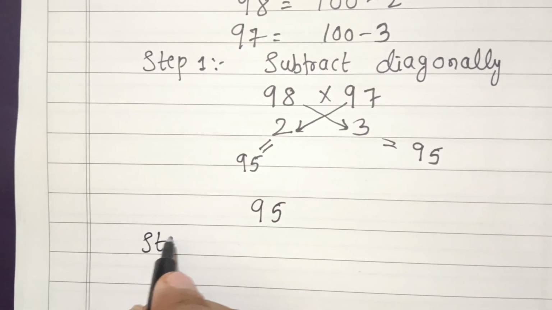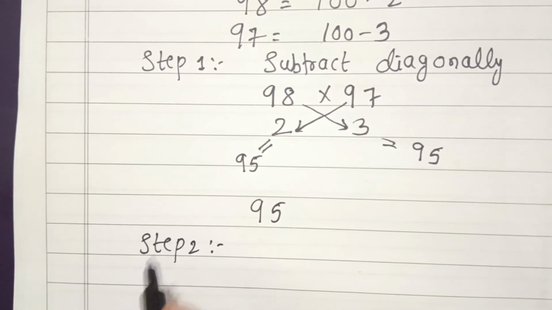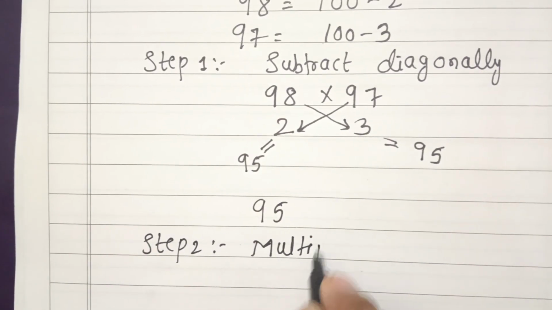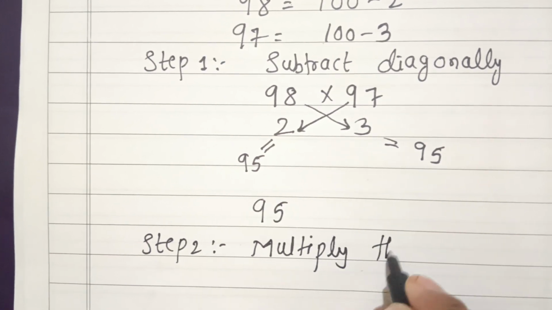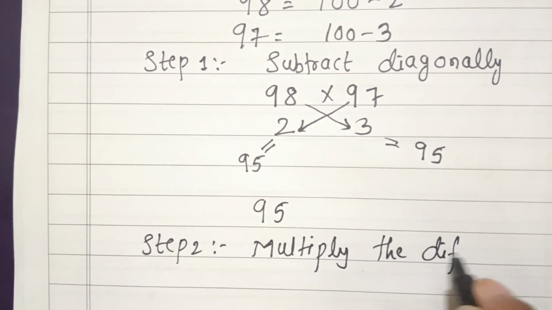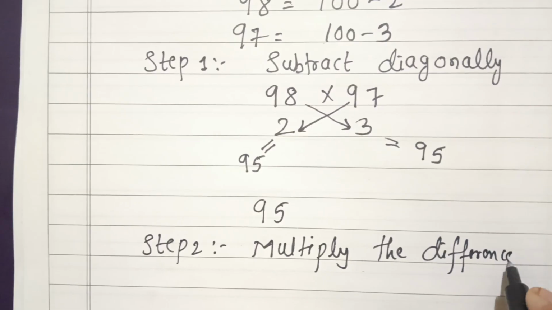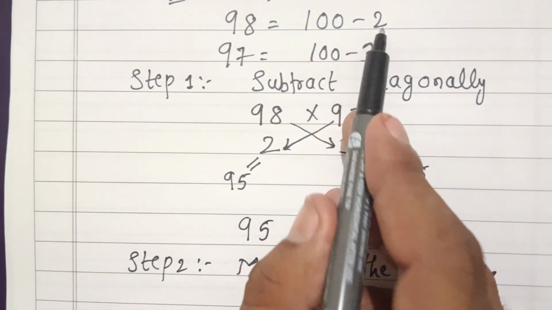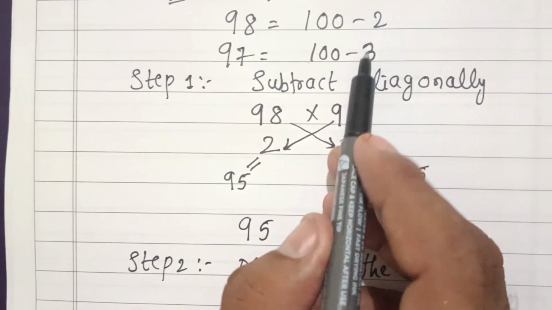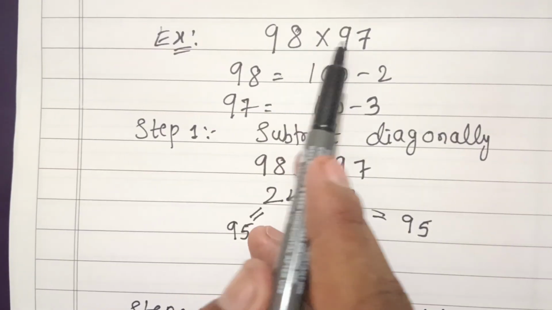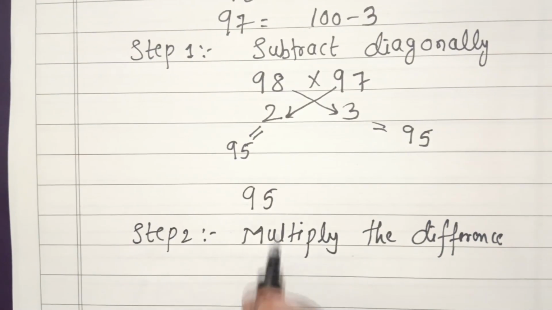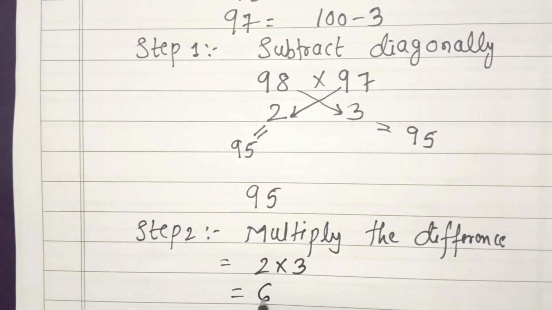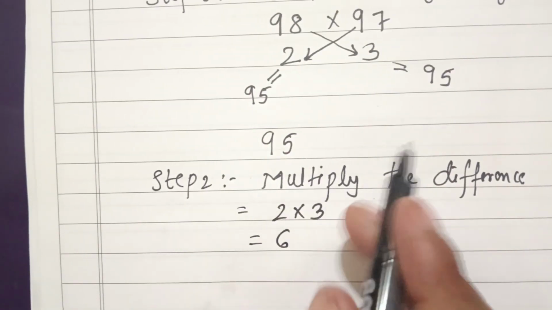Now let us move to step 2. Here we have to multiply the differences. What differences did we get here? 100 minus 2 and 100 minus 3, so 2 and 3. Multiply 2 and 3, how much will we get? 6. That's it, we got the answer.